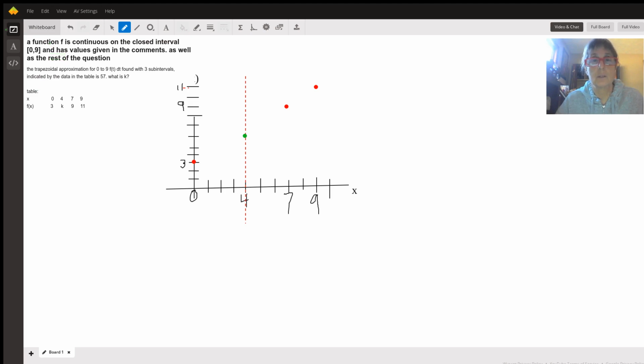Probably I need this smaller. Now I need to make trapezoids from these 4 points, and I need 3 subintervals. So if I'm going up to 9, if I would go 1, 2, 3, if this would be my first subinterval right here.